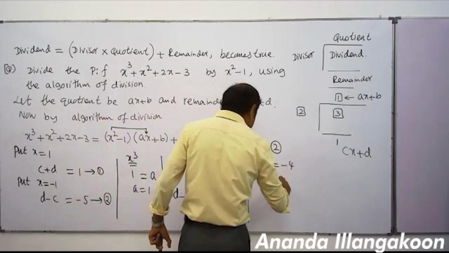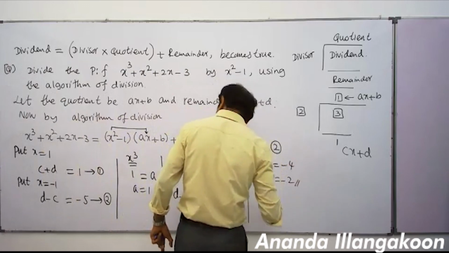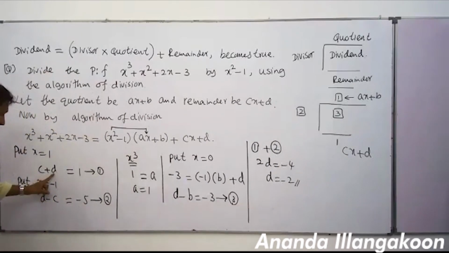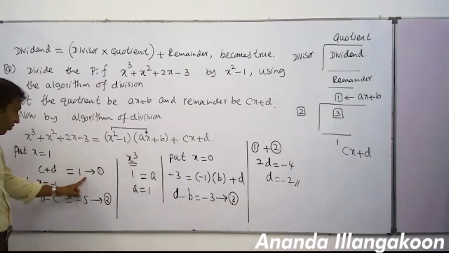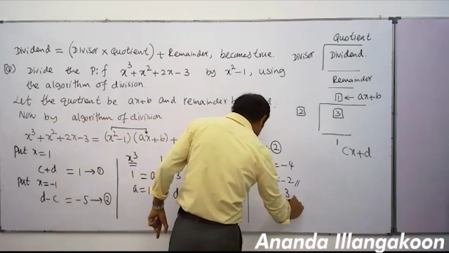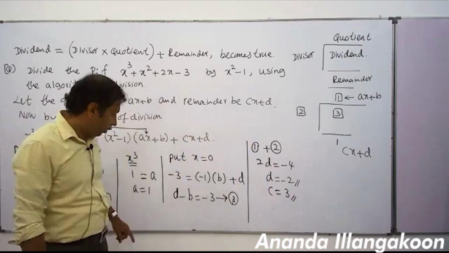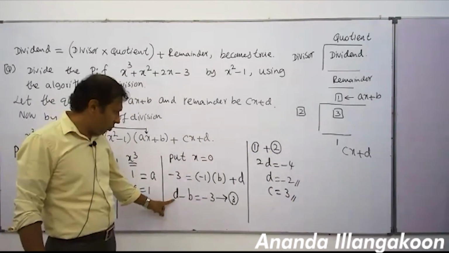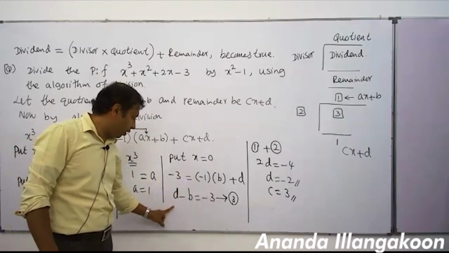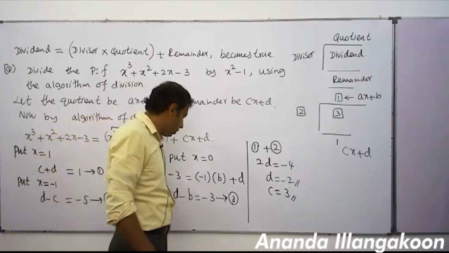Then d equals minus 2. When d is minus 2, take that to the right hand side, plus 2, c is 3. When this d is minus 2, put that minus 2 here, take this minus 3 to this side, 3 minus 2 is 1, take this b to the right hand side, b is 1.